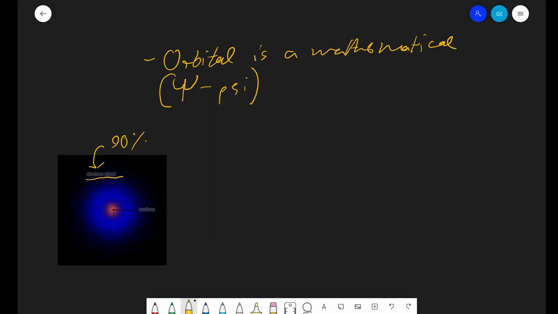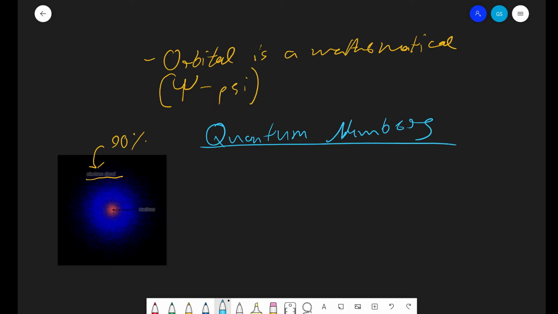So let's take a nice deep dive into quantum numbers. What are quantum numbers and why do we care? Quantum numbers basically allow us to locate an electron. So let me just write that here. Quantum numbers basically allow us to locate, or find, where the electron may be.